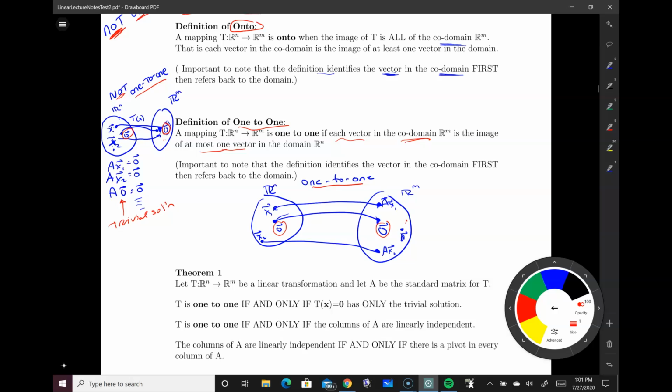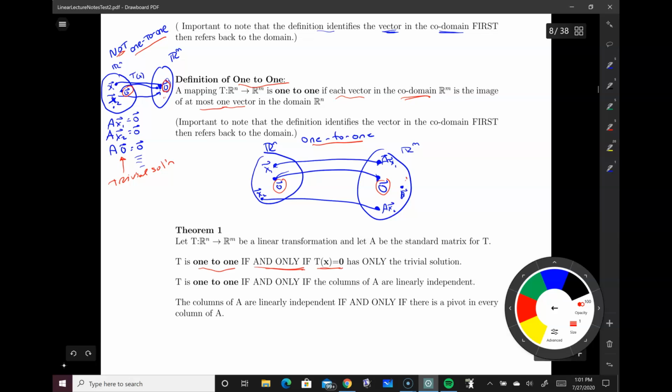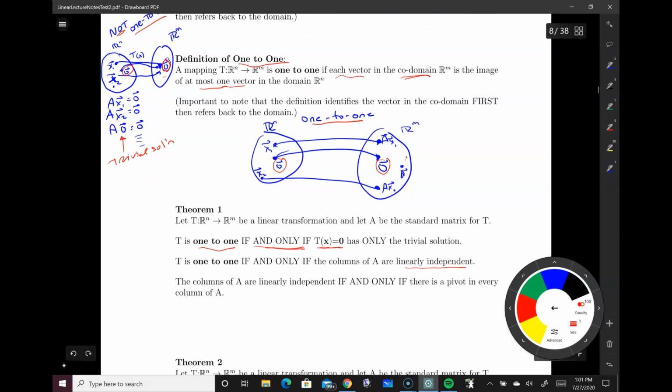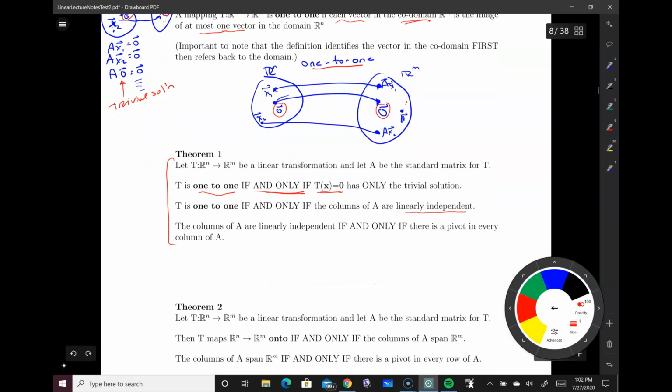But it's one-to-one if and only if the only solution to Ax equals 0, or the transformation to 0, is the trivial solution. And if it is one-to-one, then the columns of A are linearly independent. And the columns of A are linearly independent if there is a pivot in every column. Whoa, lots there. Need to memorize all those things.